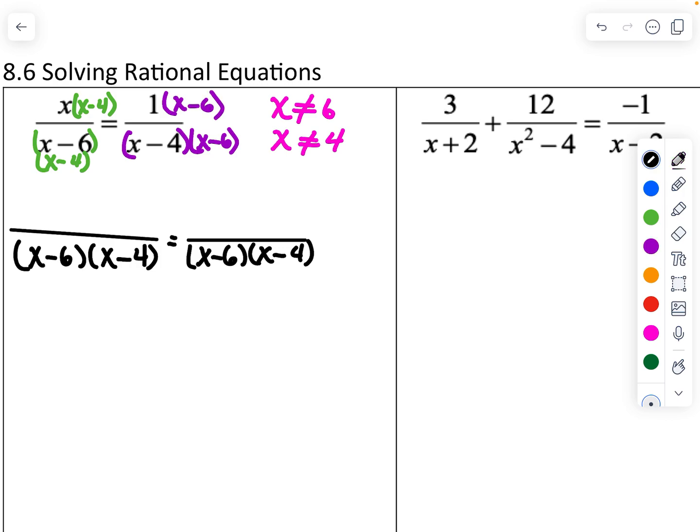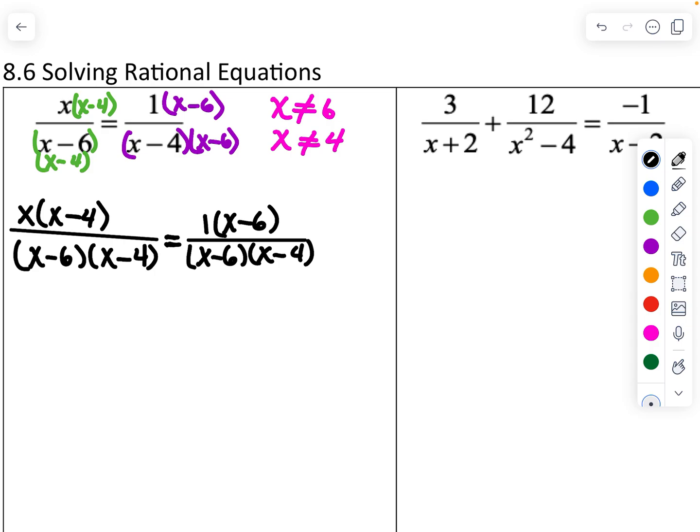Then you write down what the numerators would be. So you have x times x minus 4 and 1 times x minus 6. Now, what's really cool about this that did not happen before when you were adding and subtracting is that because the denominators are the same and because you have an equal sign, the denominators will cancel out.